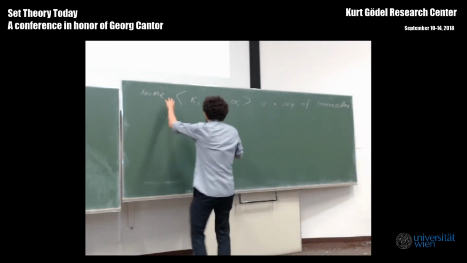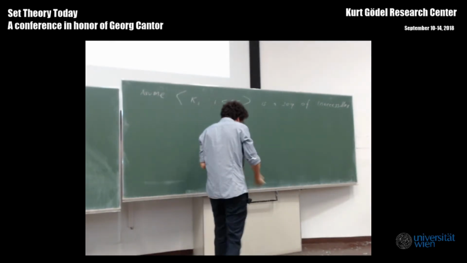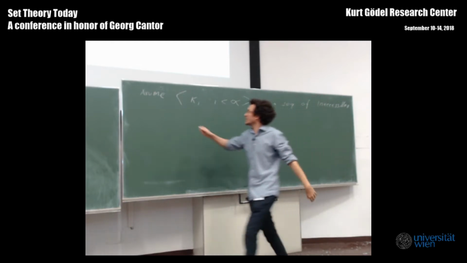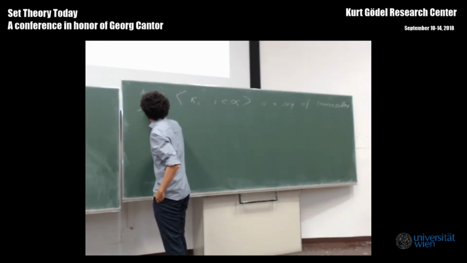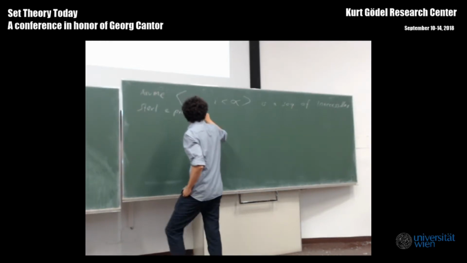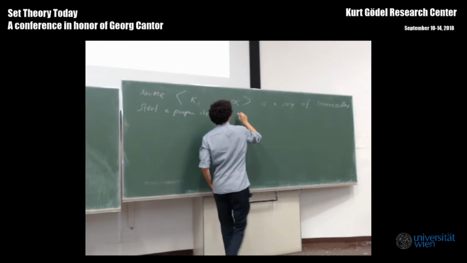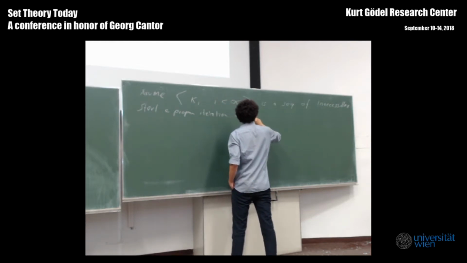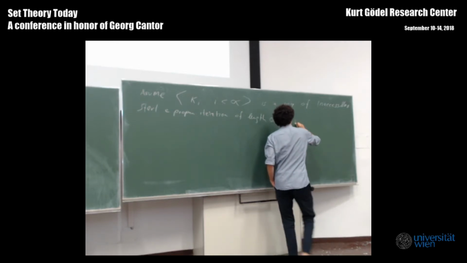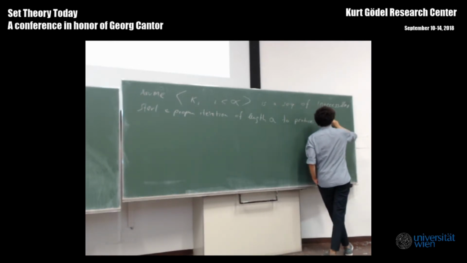Then we can start to produce, as just mentioned before in property 1, we can use these inaccessibles to produce these T models. So start a proper iteration of length alpha to produce T models.